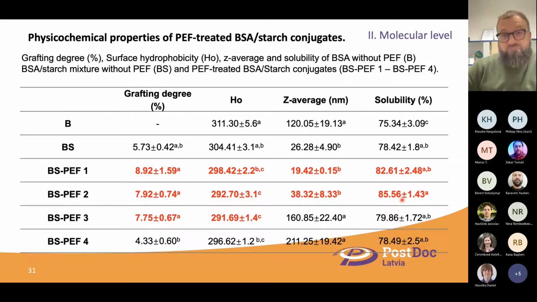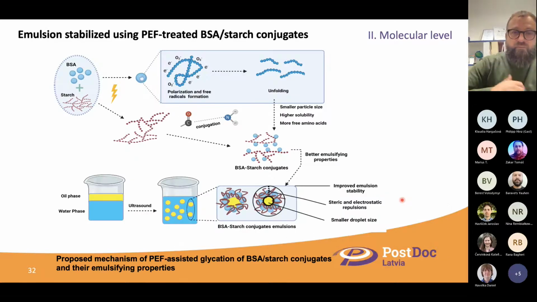It's really interesting because we can explore such a treatment in food science to make emulsions much better, meaning to enhance emulsifying properties of protein and polysaccharide conjugates, because it causes smaller particle size and enhances solubility of the proteins.